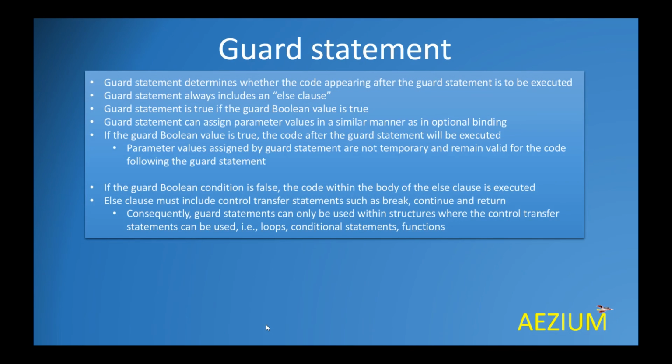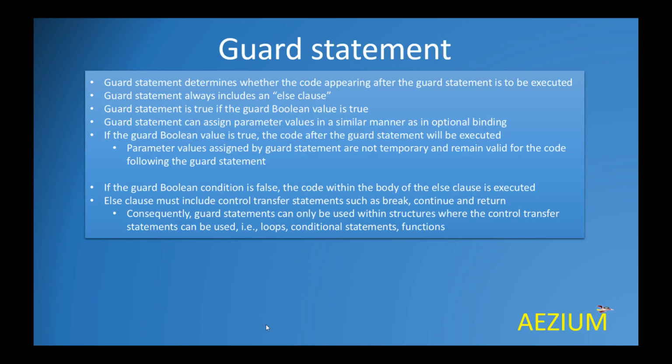In Swift, we can use this thing called a guard statement. In effect, a guard statement is like a barrier between where it's inserted and the rest of the code that follows it. The guard statement contains a Boolean condition, which if it is true, the guard statement allows the continuation of the rest of the code which comes after it.